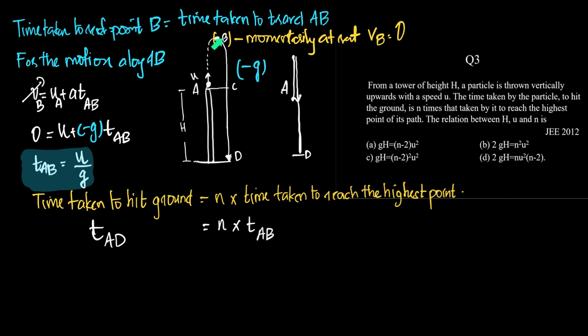The distance would be AB plus BC plus CD, and in that case it should be T of AB plus T of BC plus T of CD. But here we are talking only specifically about the displacement. So T_AD is equal to N into T_AB is one equation that we have.